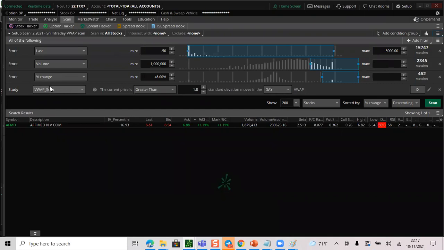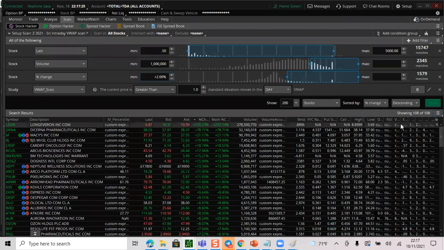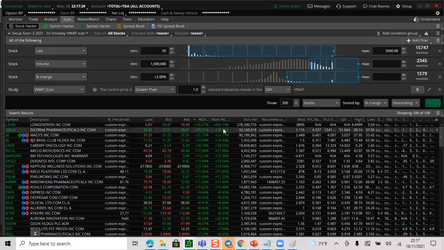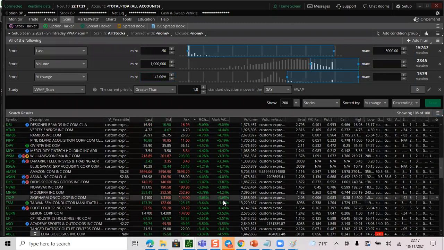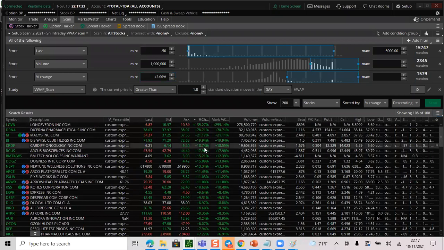What this one does is try to find all the stocks anything above 50 cents to $5,000 and having the volume 1 million, and the stock up 8%. You can choose like 2% or 1%. See today 108 stocks all went up. Everything were above the VWAP line, most of them.